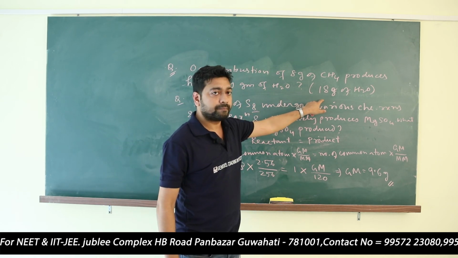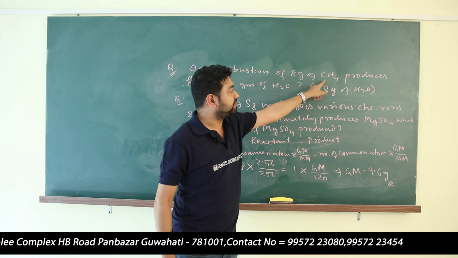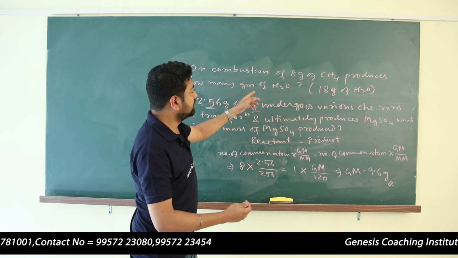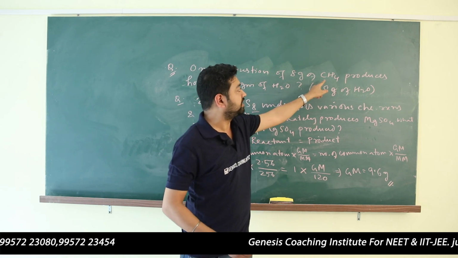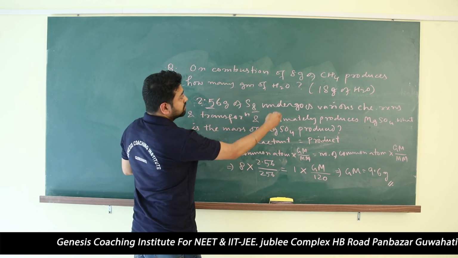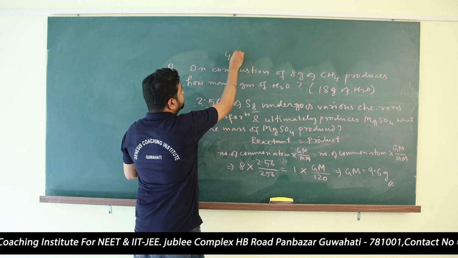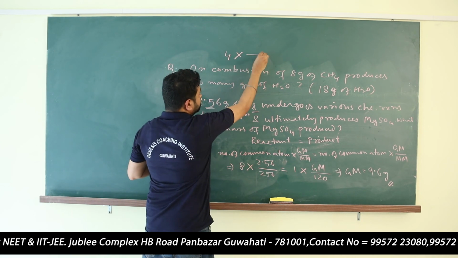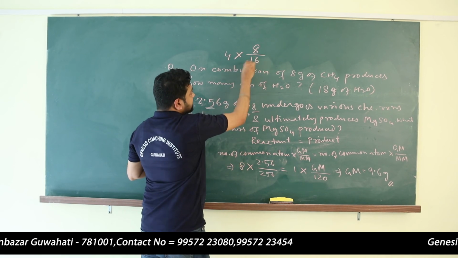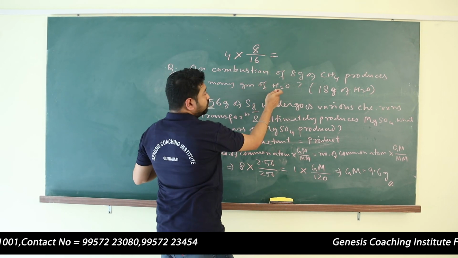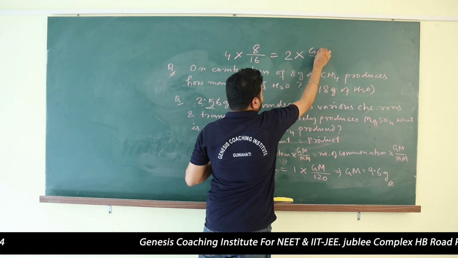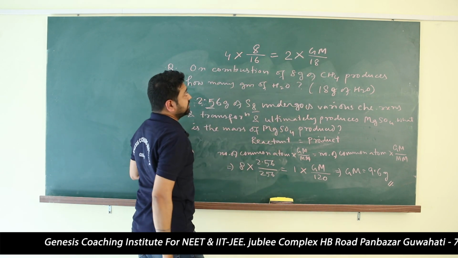This is the first question. Answer is 18 gram. Now see, here methane is given. It is the reactant part. H2O is given, product part. Both are given and there must be one common atom, so hydrogen is the common factor. Now apply this in this equation. So here 4 hydrogens are present, 4 into given mass 8, methane molecular mass is 16, equals 2 hydrogen atoms, 2 into given mass, which you have to evaluate, molecular mass is 18.